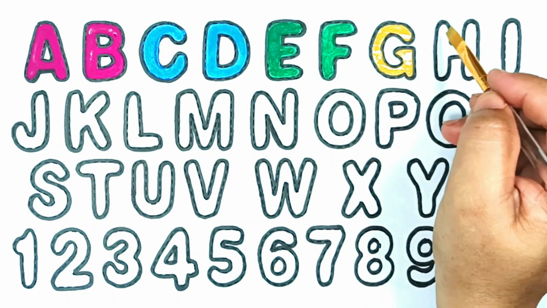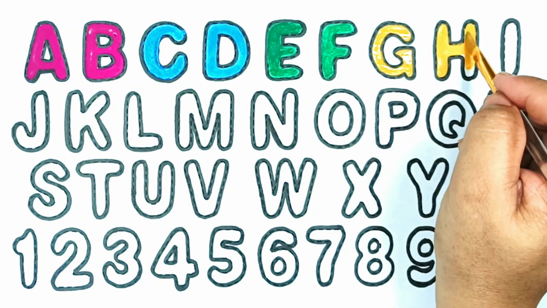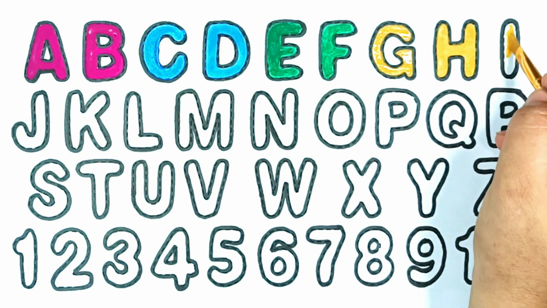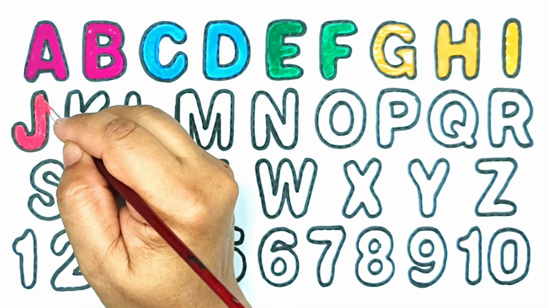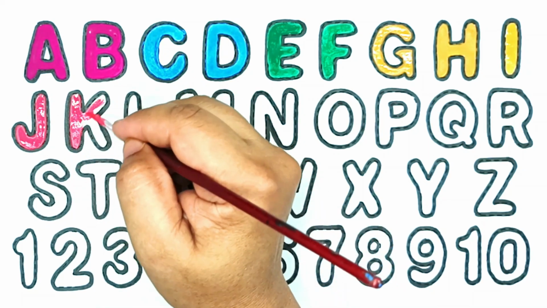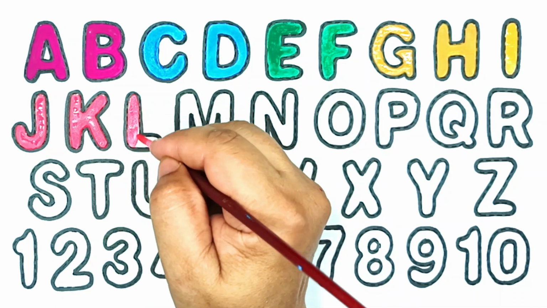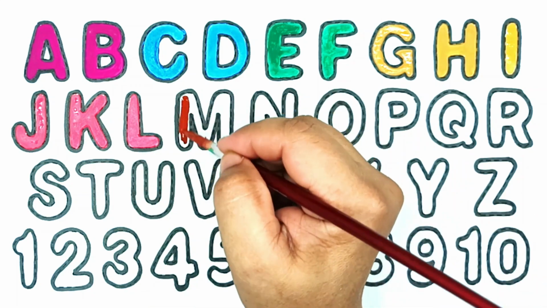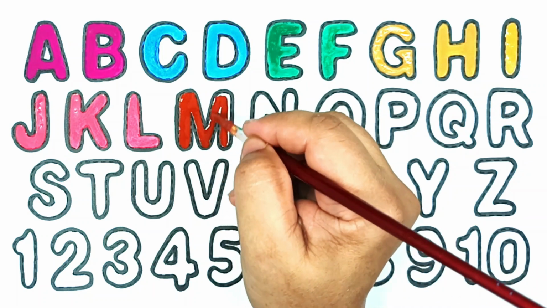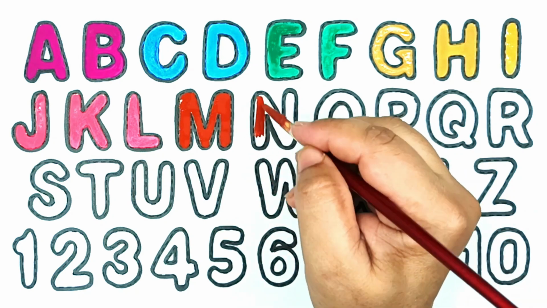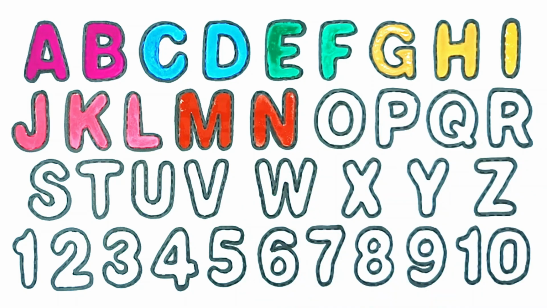G for glass. H for hat. I for igloo. J for jam. K for kite. L for lamb. M for man. N for net.